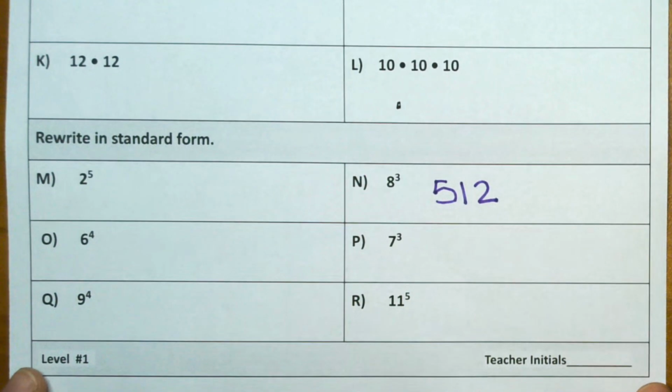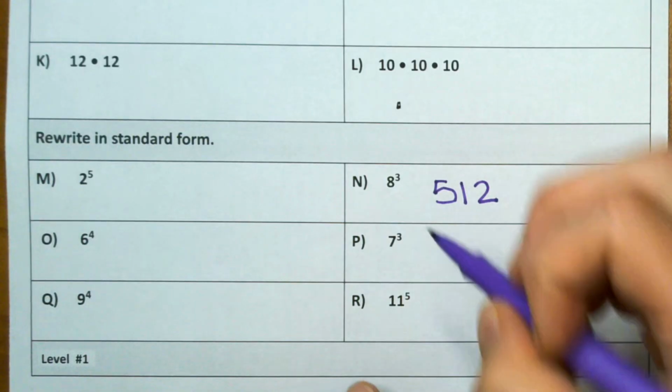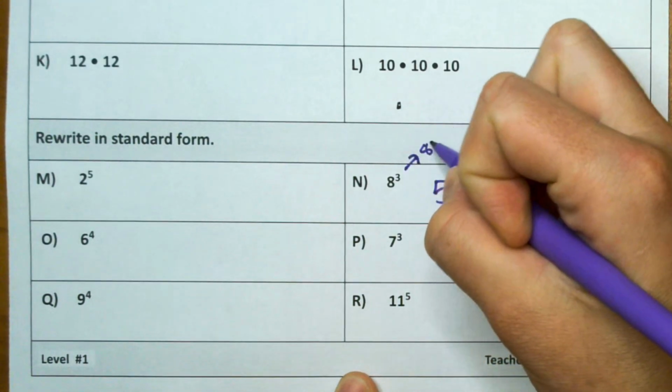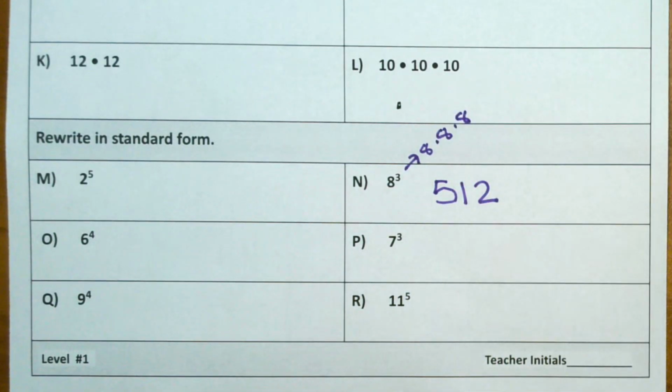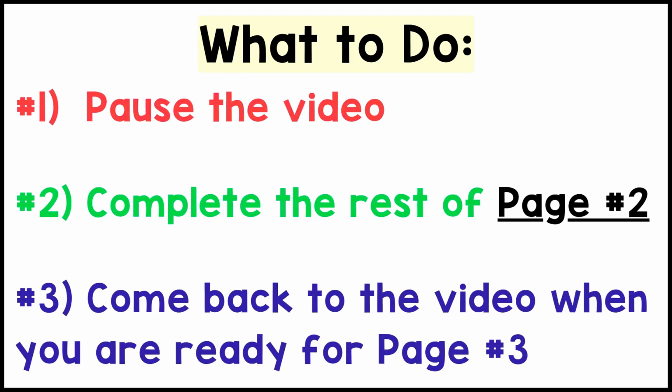Standard form is your answer when you multiply. So remember, you don't have to write this part. All I did was 8 times 8 times 8. Okay, so what you're going to do now is pause the video, complete the rest of page 2, and then come back to the video when you're ready for page 3.